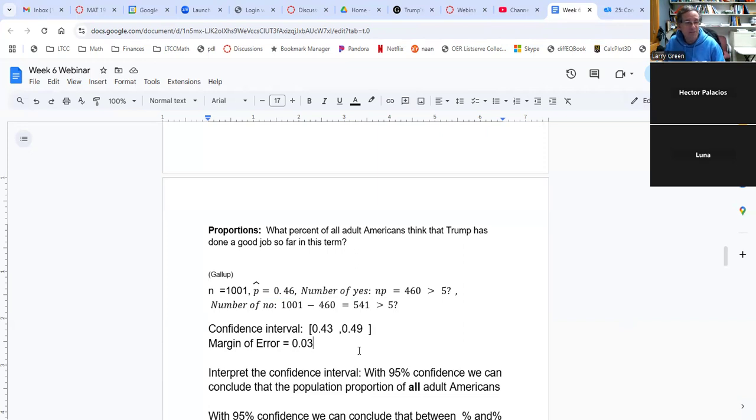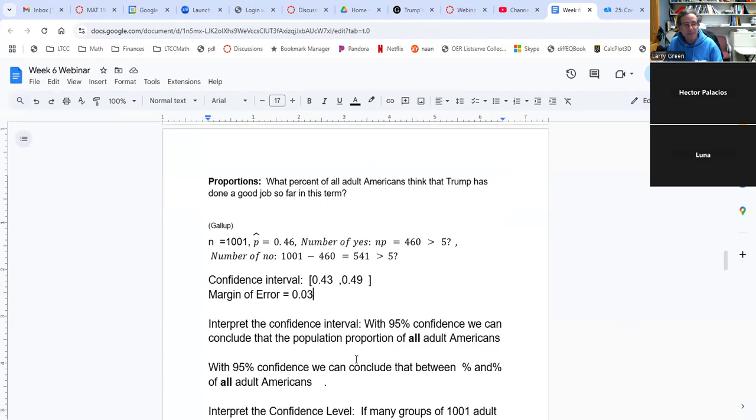So now we can interpret the confidence interval. Remember the word with? We're still going to start with the word with. With 95% confidence, we can conclude that the population proportion, just want to note, if you don't have the word population, I will take off points. You're not confident about the sample.